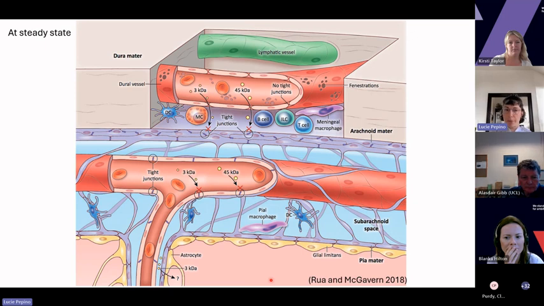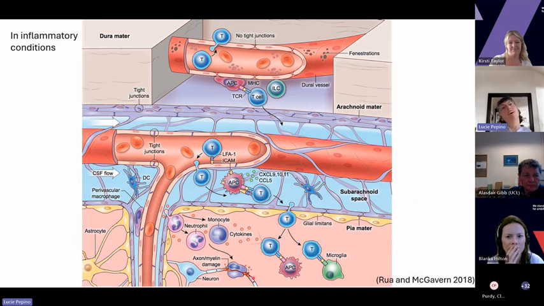But in inflammatory conditions, such as pediatric high-grade glioma, for example, the blood-brain barrier can become more leaky, and therefore you can have a higher infiltration of a broader type of immune cells within the brain parenchyma: lymphocytes, neutrophils, monocytes, etc. And so now the tight junctions that were preventing the cells from extravasating from the blood vessels can now let them go out, and same for some proteins or chemokines that were not always able to go through because of their molecular weight.